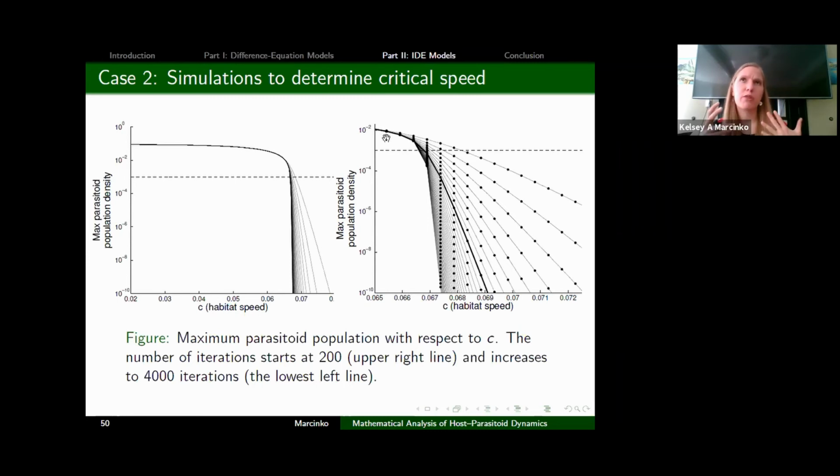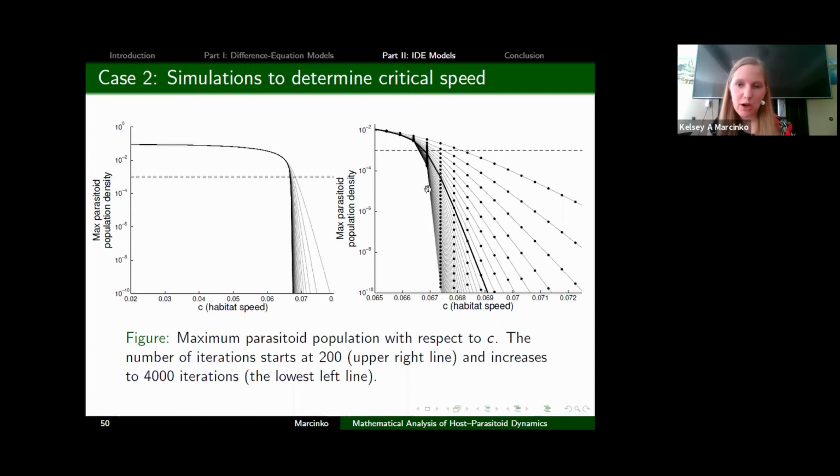So the question is, what threshold are we going to use to determine the critical speed? This dotted line here is 10 to the negative third. And the distinction that I made is that at this speed, we see that there's a fairly large decrease from 200 to 4,000 iterations, whereas this one could end up asymptotically surviving. This is the point, I'm going to say that this is the case where it asymptotically goes extinct. This is the case where it asymptotically persists at low values.